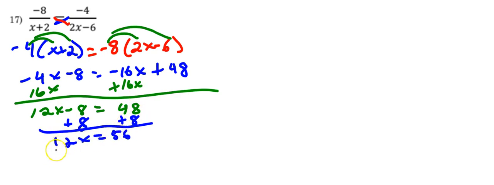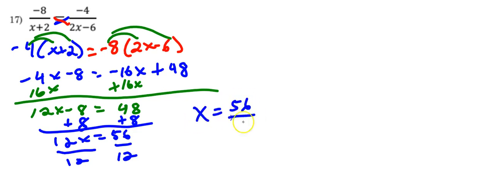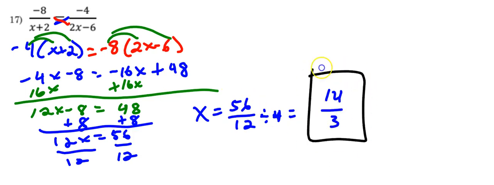And then we just need to divide both sides by 12. And that reduces by dividing by 4. So let's just show it that way, which will give us, for our final answer, 14 over 3. Do make sure you reduce that, though.